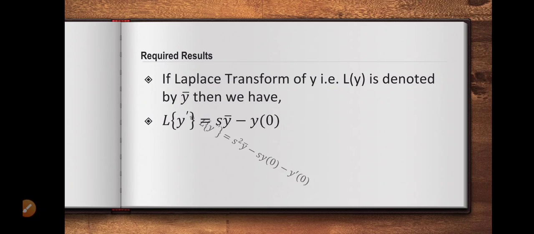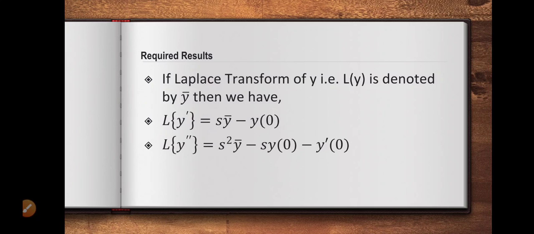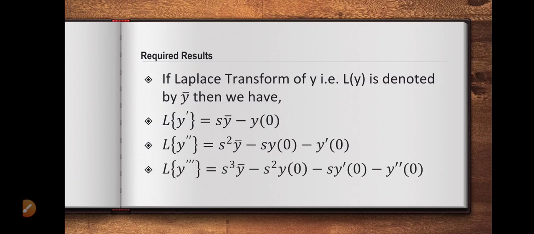Second order derivative Laplace transform is s square y bar minus s into y of 0 minus y dash of 0. Third order derivative L of y triple dash equals s cube y bar minus s square y of 0 minus s y dash of 0 minus y double dash of 0. In this way, you can find Laplace transform of fourth order derivative also.